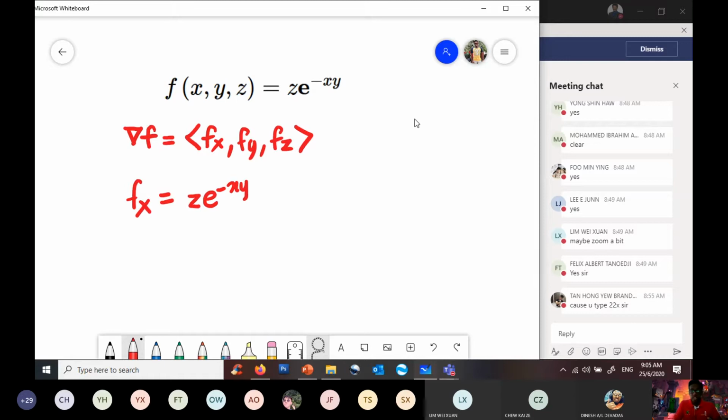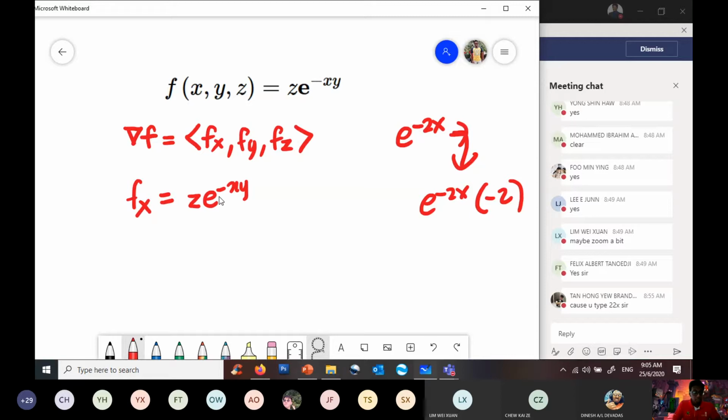What does it mean by chain rule? For example, if you have e to the power of negative 2x, if you differentiate this, you would get e to the power of negative 2x again, times negative 2. Do you still remember that? You have to times with negative 2 again. So same here. You're differentiating with respect to x.